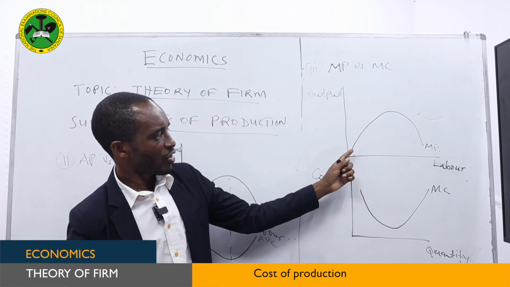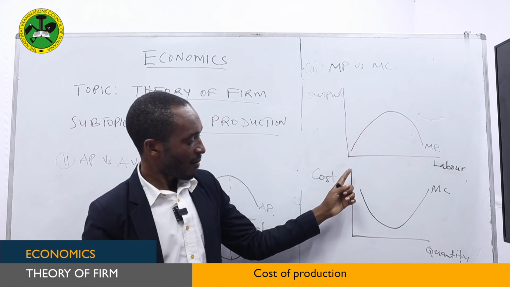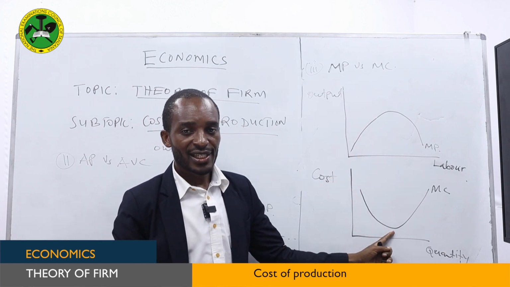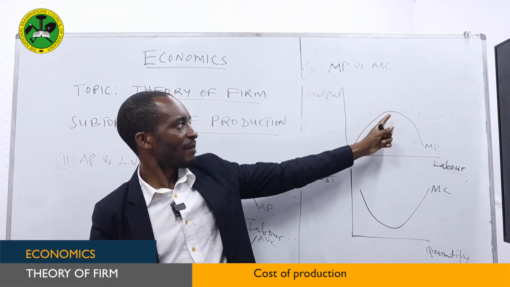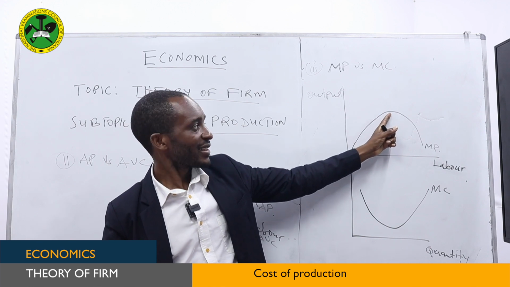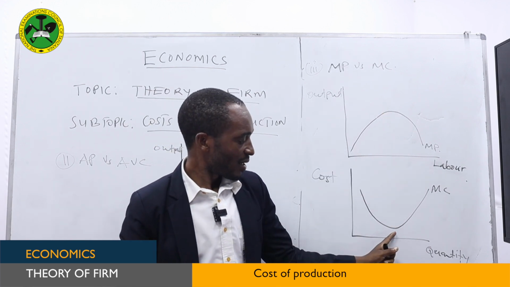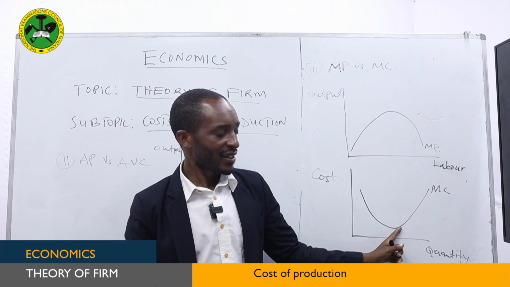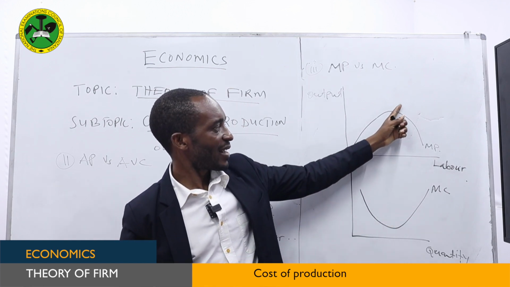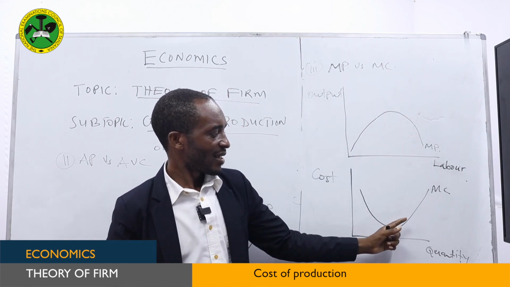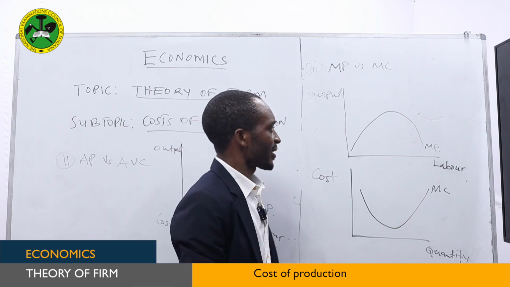So when marginal product increases, marginal cost declines. When marginal product is at a maximum, the marginal cost is at a minimum. When marginal product is declining, the marginal cost is increasing.